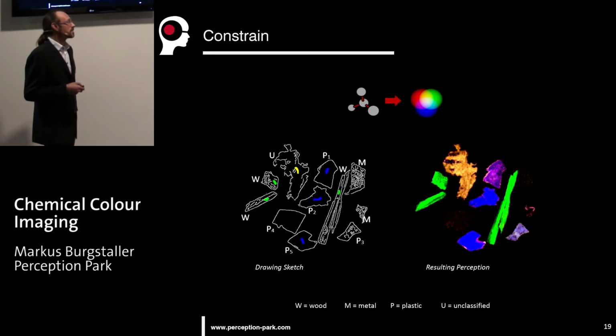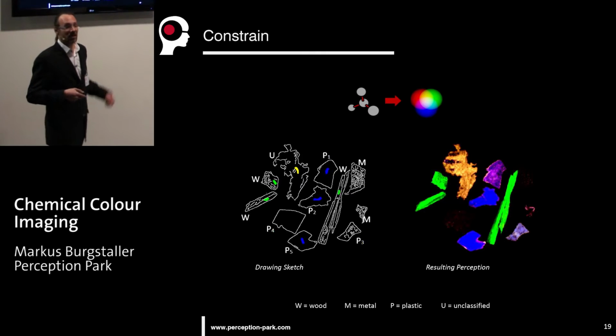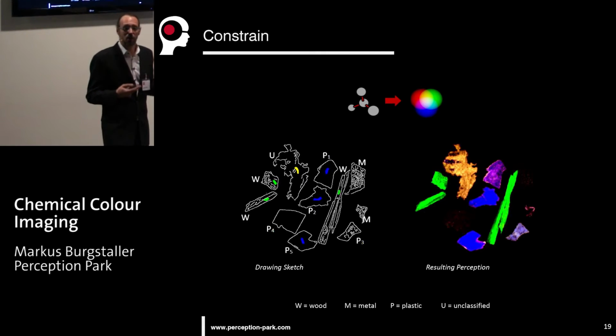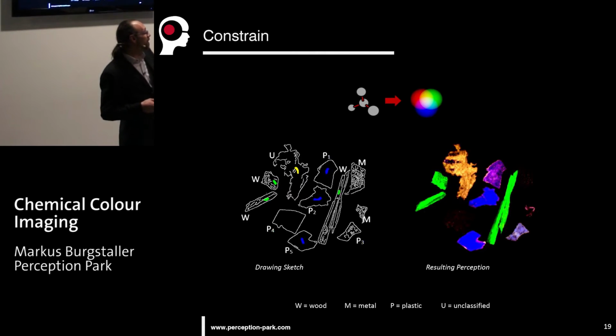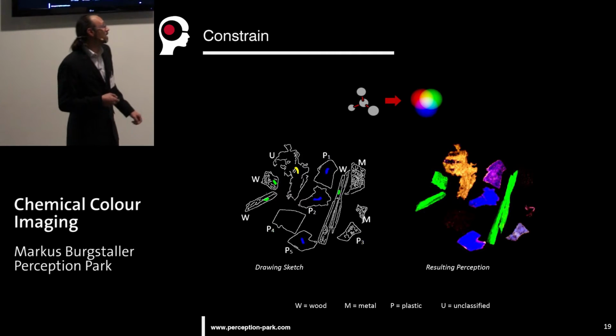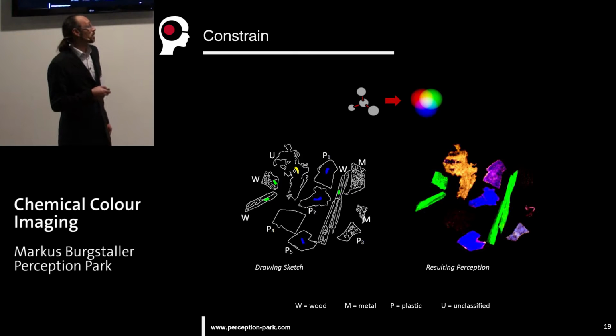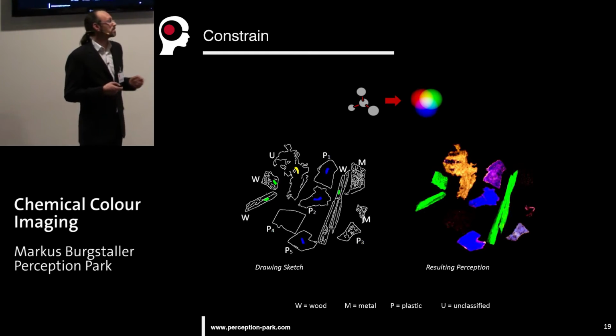So I assume the polymer here is also in that one, which is based on wood. So you can also understand and learn with the Constrain methodology. Just paint in the scene here and recognize what results can be obtained.